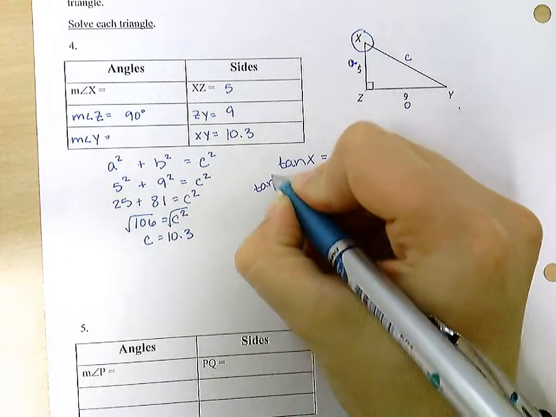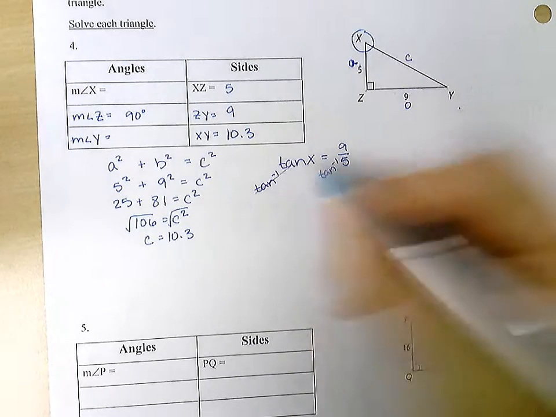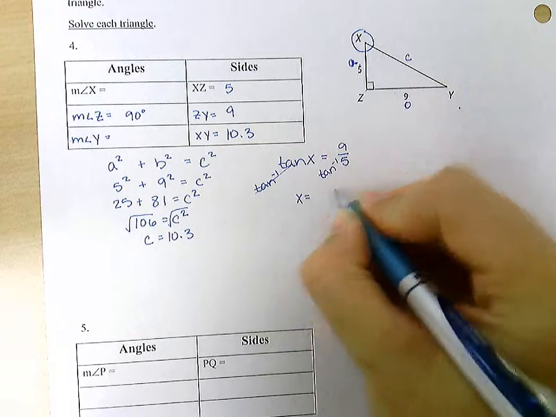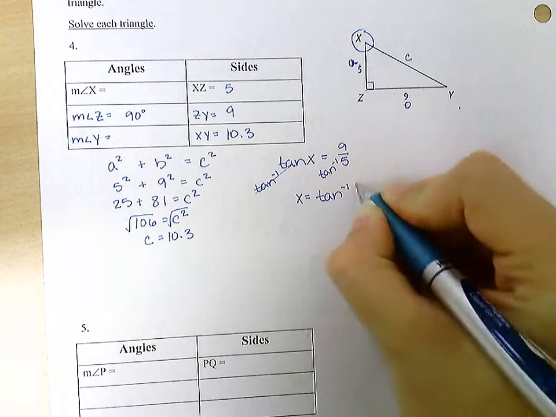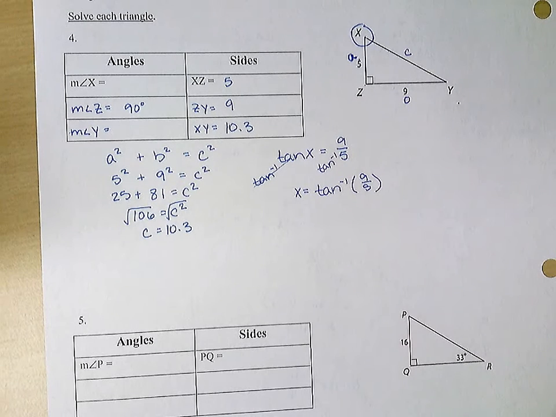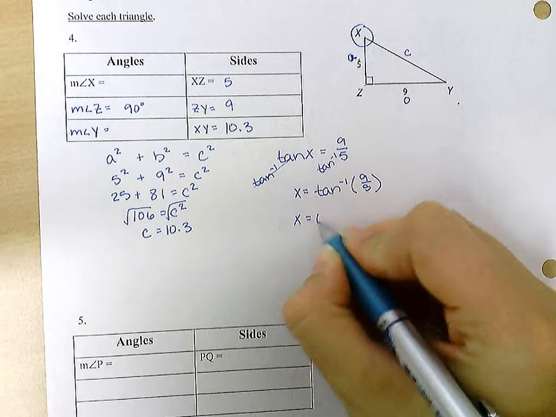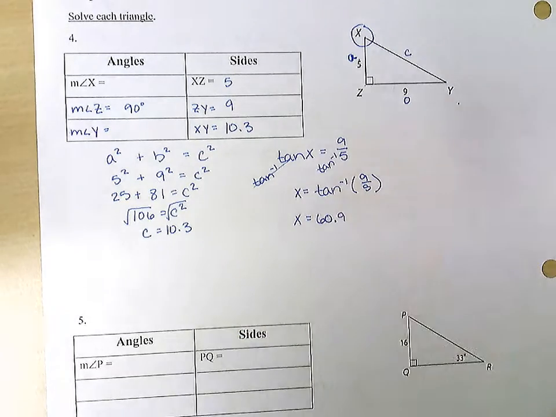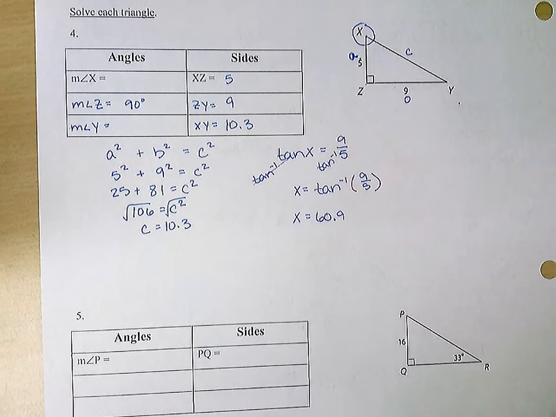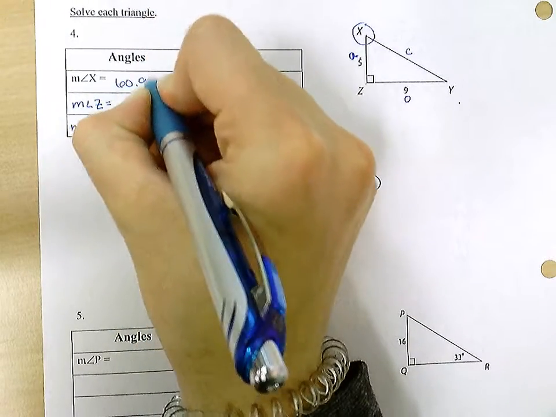So I'll bring in tangent inverse to cancel it out on the left. So we have x is equal to tangent inverse of 9 over 5. You can just plug that into your calculator, and you should get that angle x to be about 60.9 degrees.